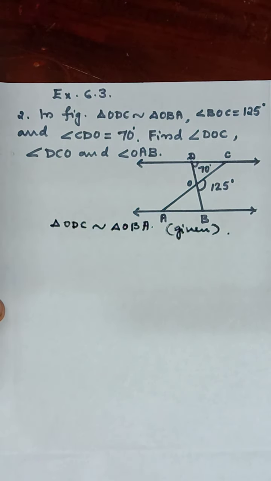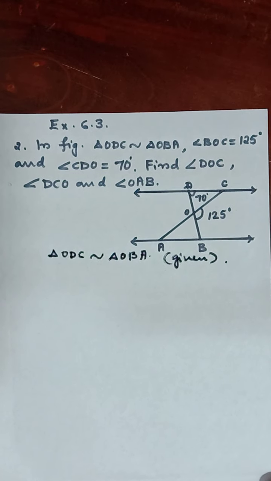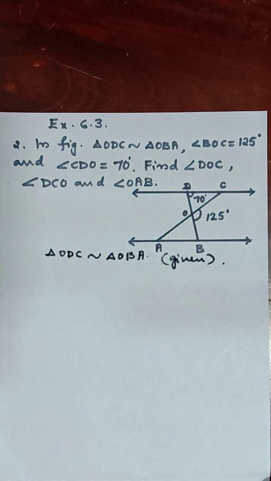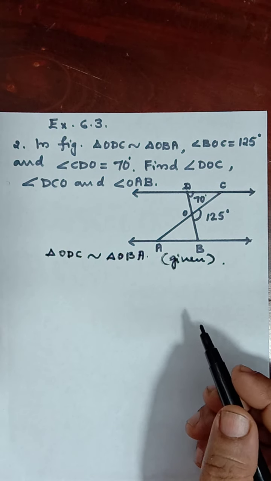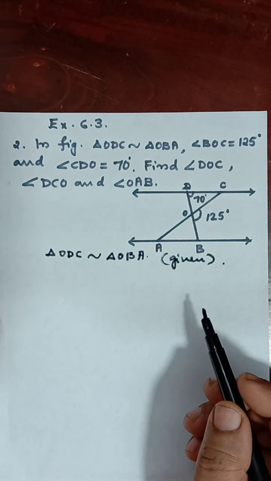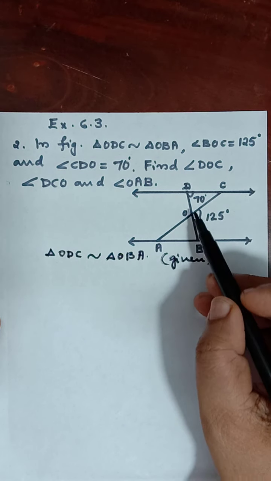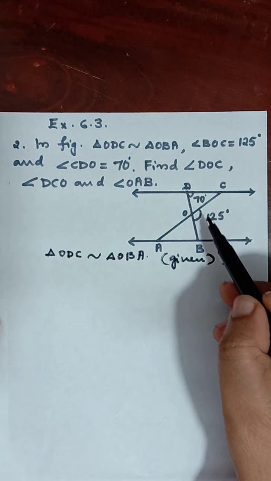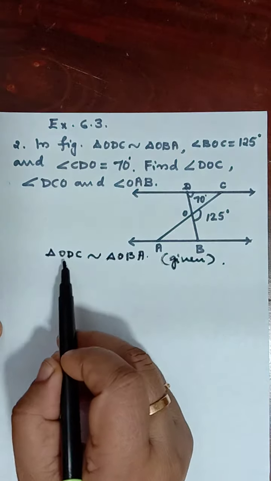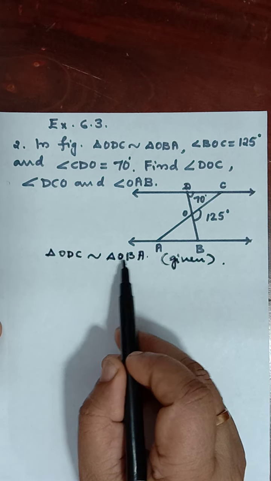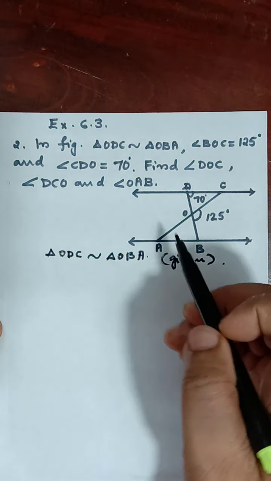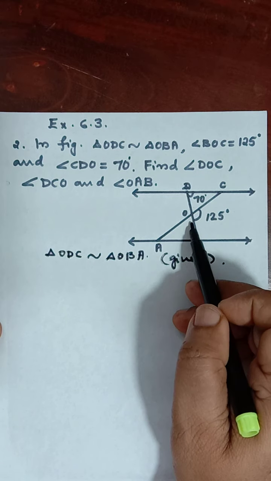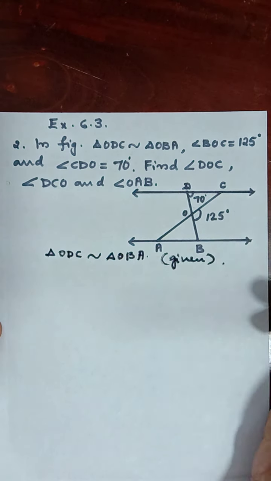Then how to get it? Many methods will be there, but a very simple method. So how to find out angle DOC? DOC is here, children. How to get that? DOC is actually BOA. First check whether BOA is available. Not there.